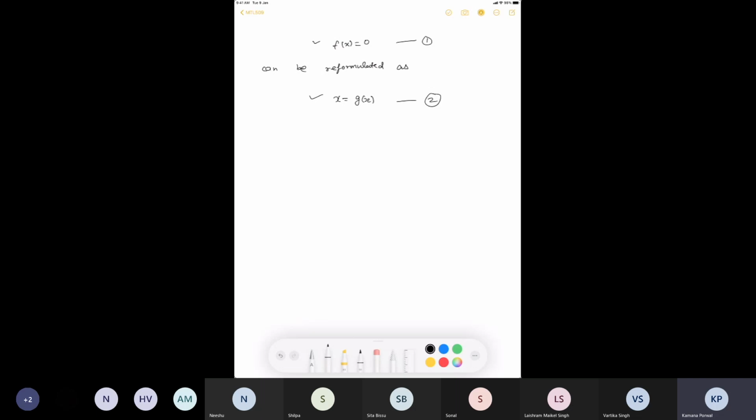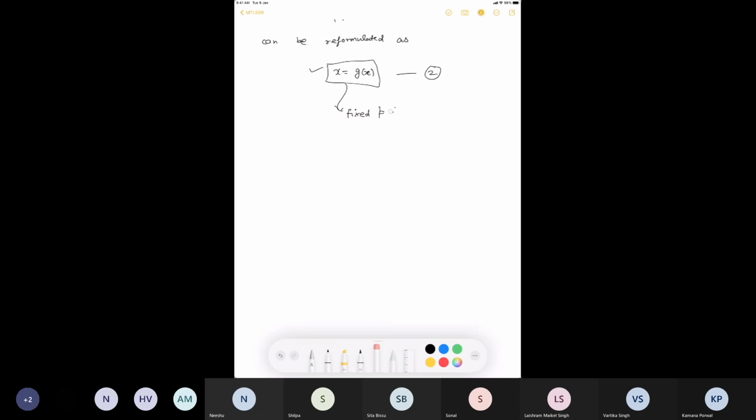But first let's understand what is a fixed point. Okay, so this problem is basically a fixed point problem. Do you guys understand what is a fixed point?